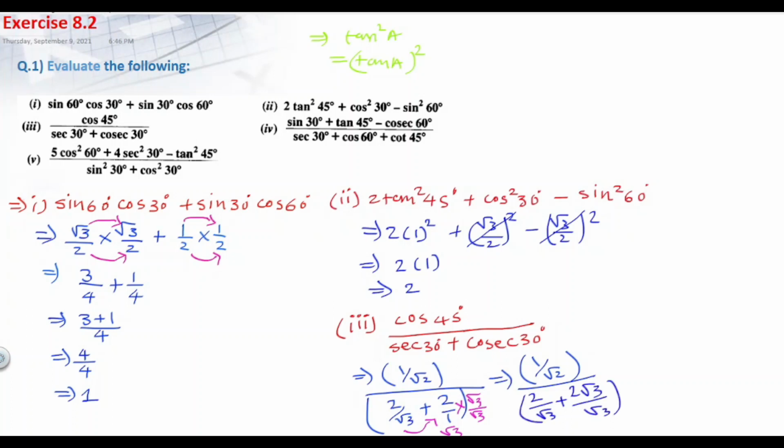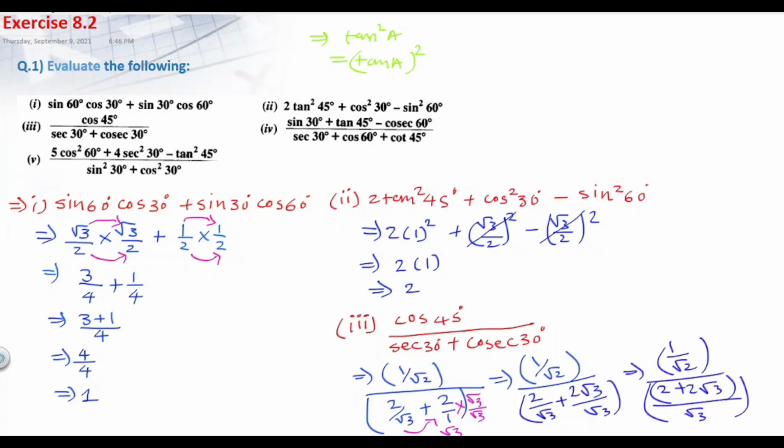Okay, that's it. Now 1 by root 2 divided by, here the denominators are same, so we can write it as 2 plus 2 root 3 divided by root 3.